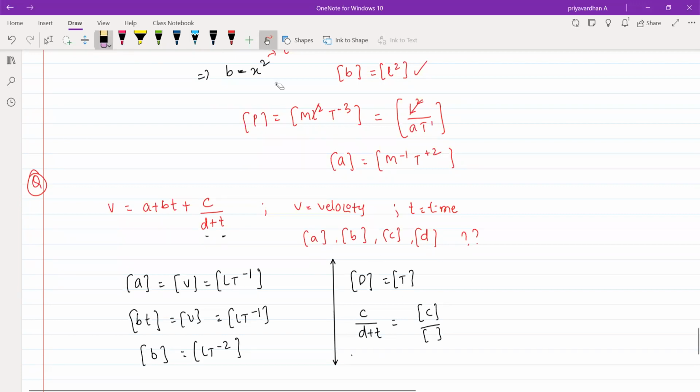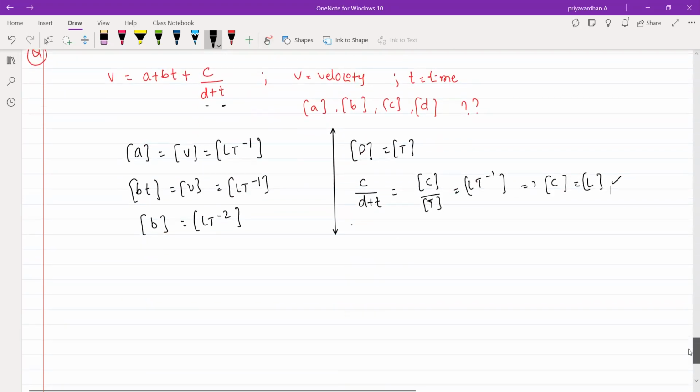So you can write it as T. So instead of taking 2 seconds, 3 seconds, 4 seconds, I'll make it as T, which is nothing but L T power minus 1. So the dimension of C is nothing but L alone. T inverse and T will give you L alone. Good. So far all the answers are correct. Hope this is clear. No issues with any of the questions.